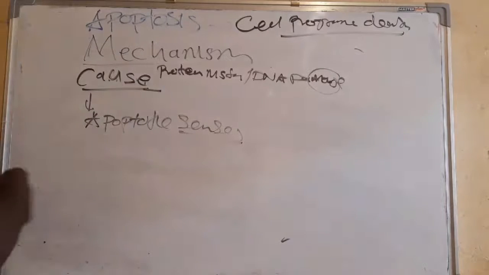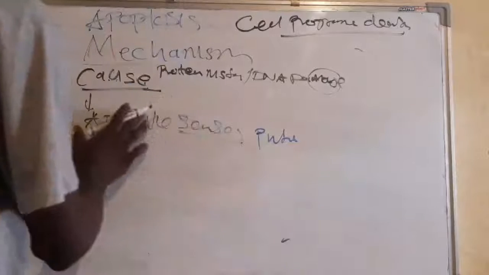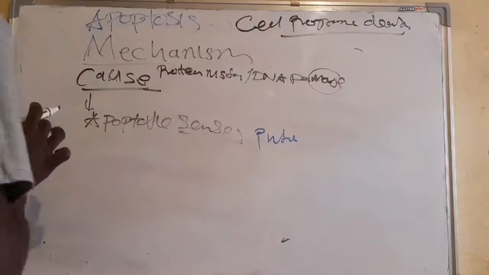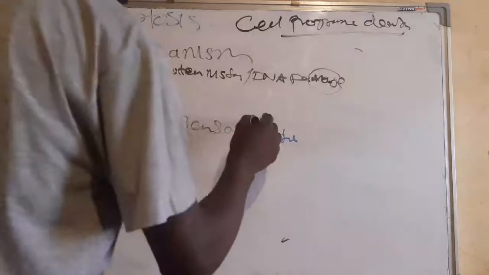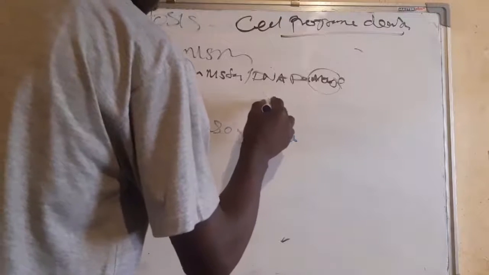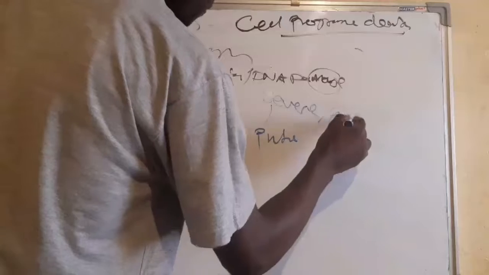These apoptotic sensor proteins sense the damage. They sense if the damage is severe or mild.